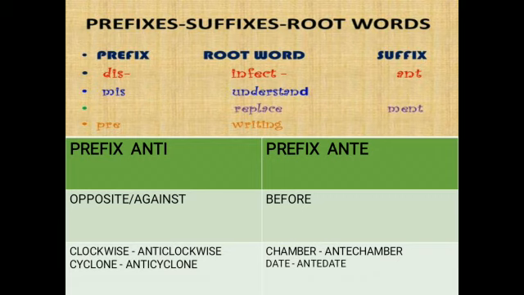The name Antarctic means opposite position to the Arctic, that is one north, one south. Avoid confusion between ante and anti. Prefix anti means opposite or against. Example: clockwise, anticlockwise. But the prefix ante means before. Example: chamber, antechamber.